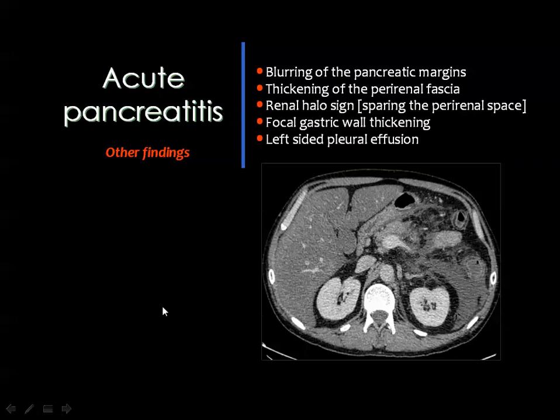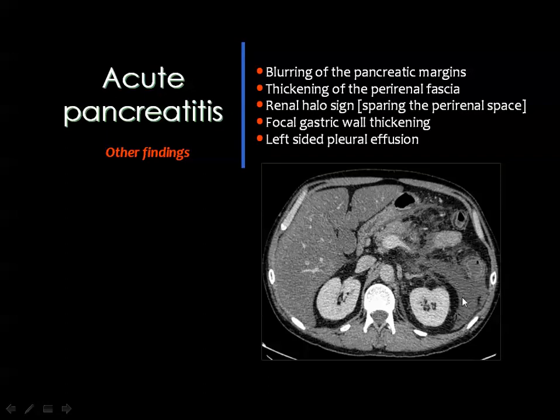These are some of the ancillary findings in assessment of a case of acute pancreatitis, including, number one, blurring of the pancreatic borders. Number two, thickening of the perirenal fascia. You know, the Gerota fascia is present here, separating the perinephric fat from the paranephric fat.